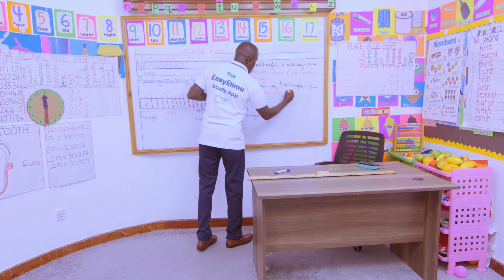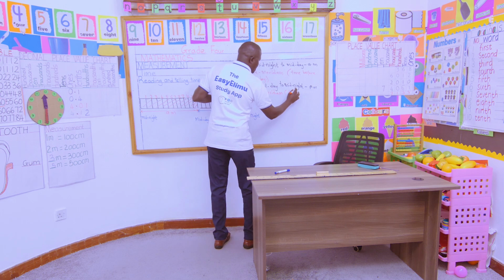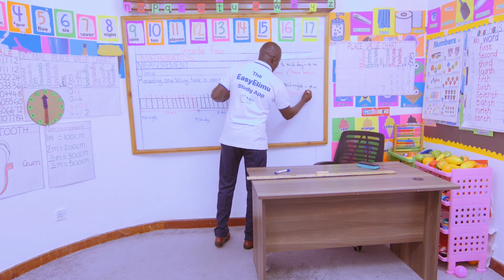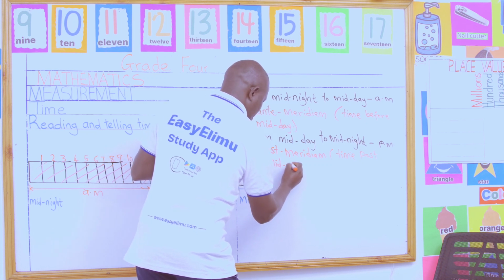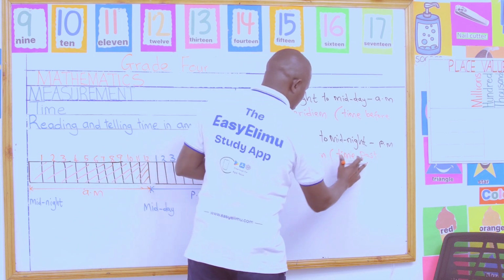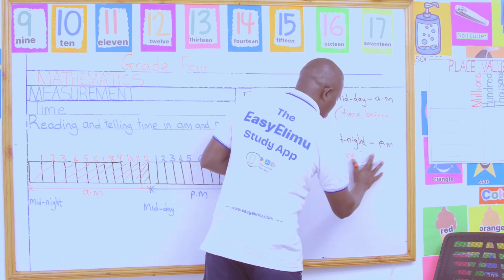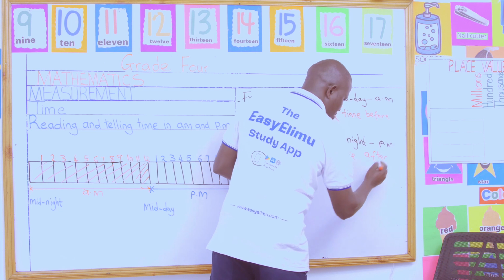Post meridian simply is time past midday. Time after midday is a better word to use.